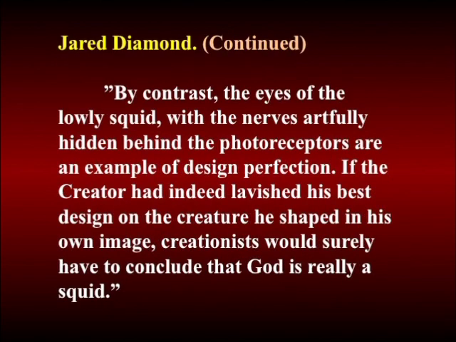By contrast, the eyes of the lowly squid, with the nerves artfully hidden behind the photoreceptors, are an example of design perfection. If the Creator had indeed lavished his best design on the creature he shaped in his own image, creationists would surely have to conclude that God is really a squid. Trying to, of course, make fun of the idea of creation.